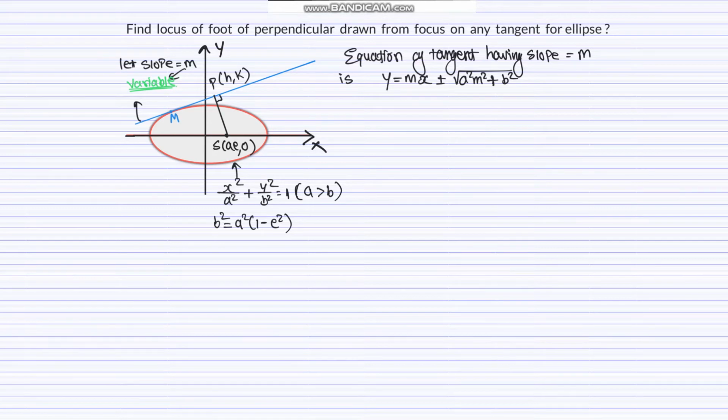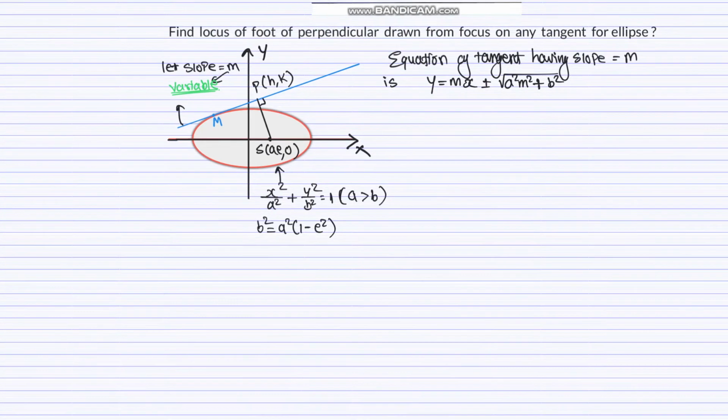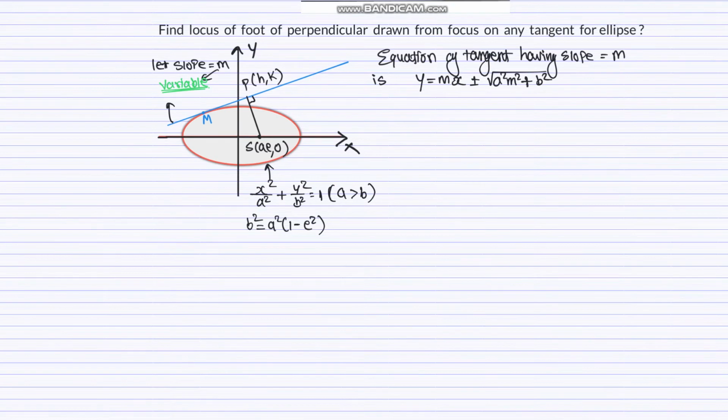Now let us deduce some relations between h and k from the given equation. Since the point P is lying on this tangent, the point P must satisfy its equation. This implies k equals mh plus or minus under root a square m square plus b square.